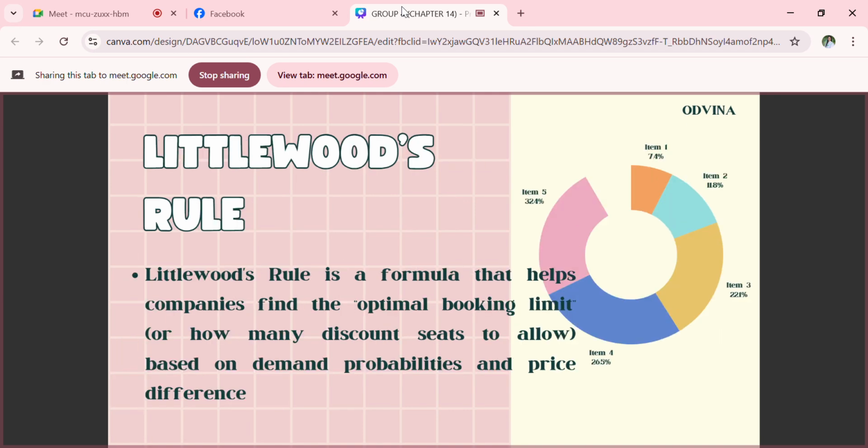Here is Littlewood's rule. What is Littlewood's rule? Littlewood's rule is a formula that helps companies find the optimal booking limit, or how many discount seats to allow, based on the demand probabilities and price differences.